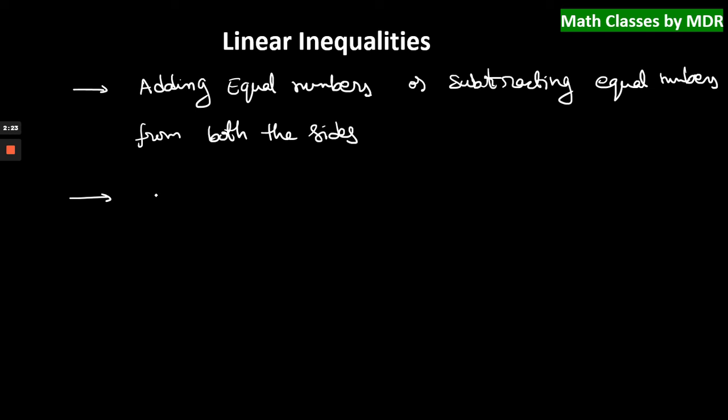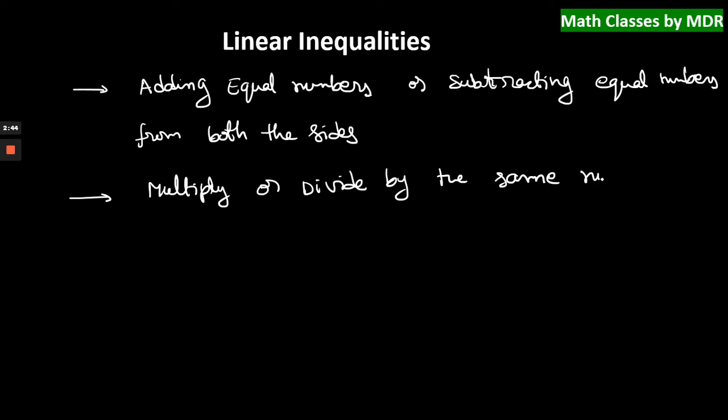And coming to multiplication and divisions, we do the same thing. Multiply or divide by the same number on both the sides. We do all these operations because it does not change the balance of the equation.